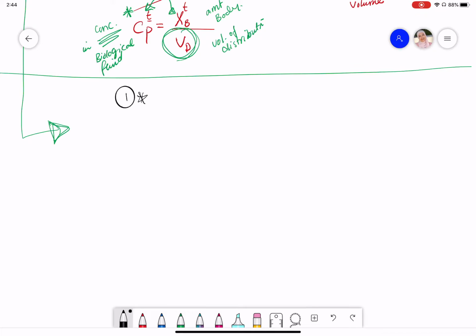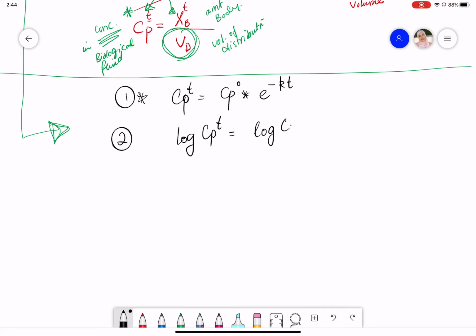So we have first the exponential equation, which is the concentration of the drug in the plasma at a certain time equals the initial concentration multiplied by e to the power of minus kt. The second one is the log transformed, over 2.303 multiplied by the time.